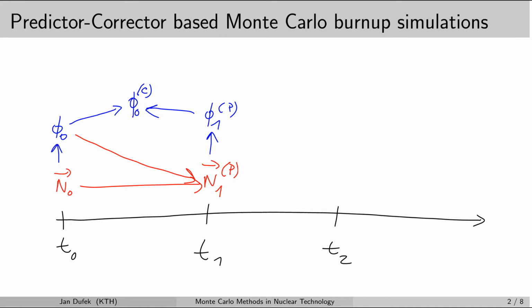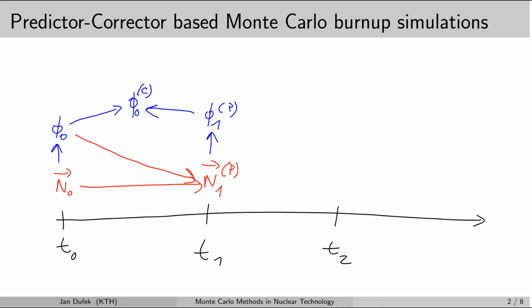So if by chance the time step was very long, the neutron flux would be changing a lot, so the beginning of the time step flux would not be a good approximation for the flux over the whole time step. So then it is believed that the corrector flux would be a more suitable representation of the neutron flux for the final burnup simulation over the time step.